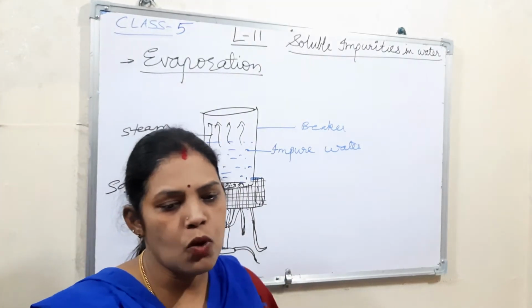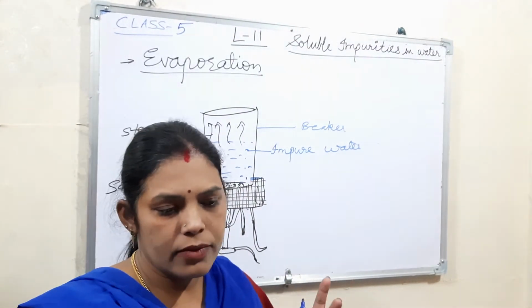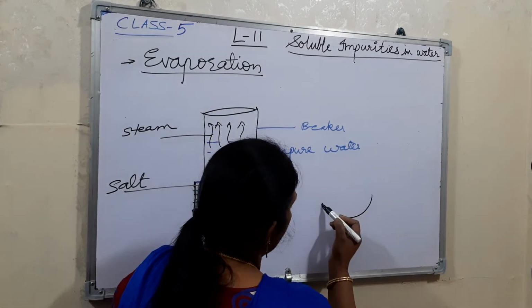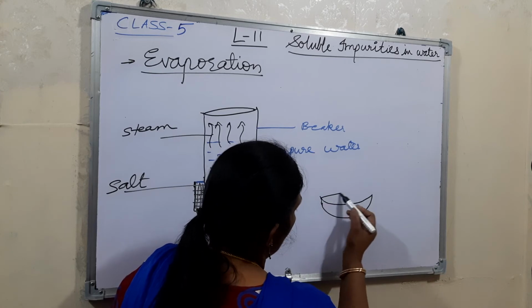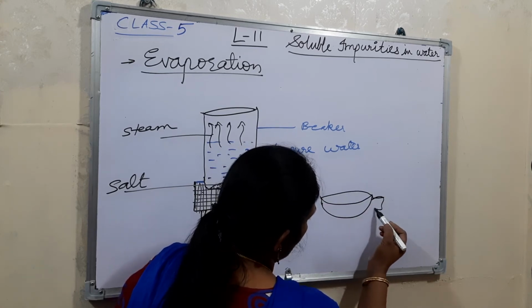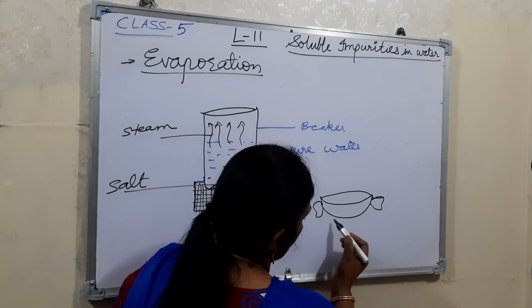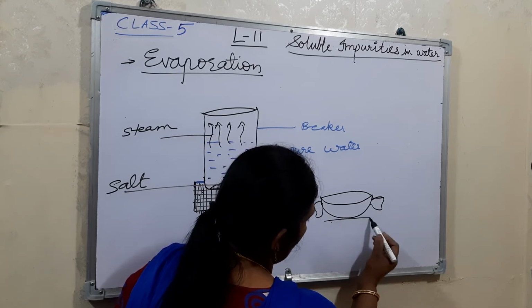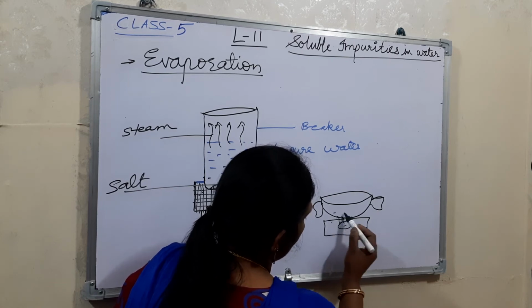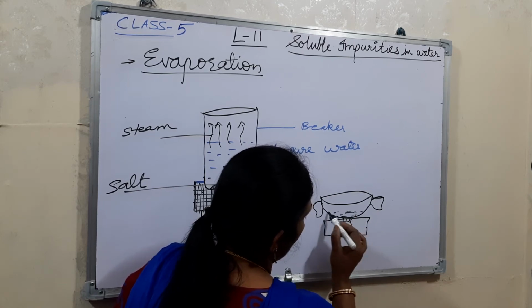At your home also we can do this. Take what you call a china dish, the kadai as you call it, or a pan. Okay, in that itself you can heat it on the gas stove. Take some salty water in it.